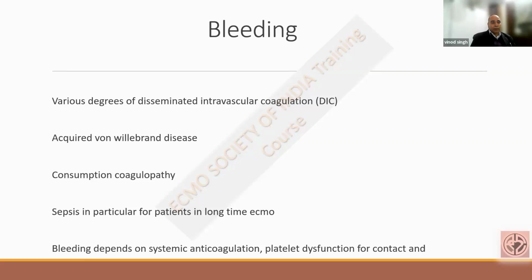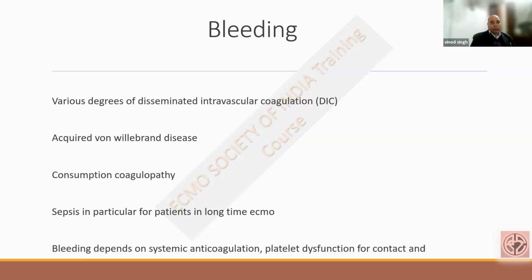They will also have acquired von Willebrand disease, consumption coagulopathy, sepsis in particular, and the bleeding depends upon the systemic anticoagulation, platelet dysfunction, and there is a fine balance between coagulation and thrombosis in ECMO patients. These patients are at high risk of bleeding, not only because they are on heparin, but also because of these factors which I have enumerated.